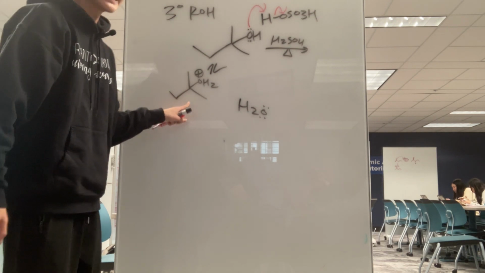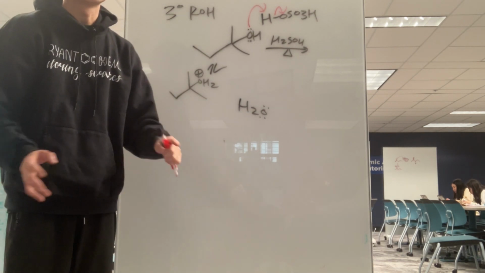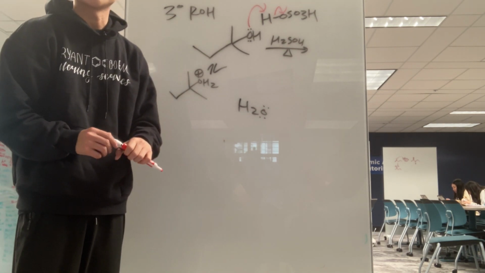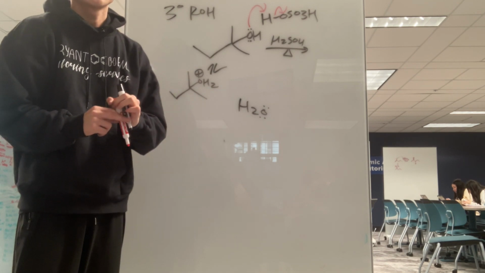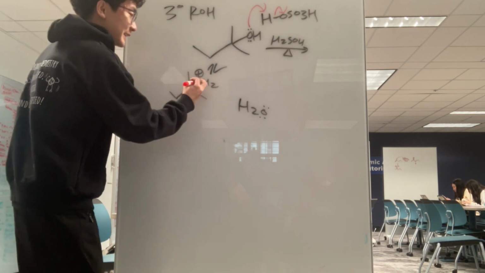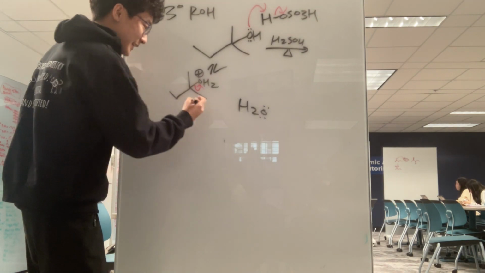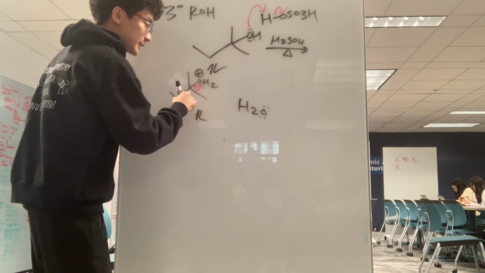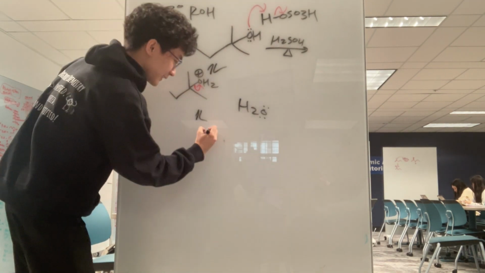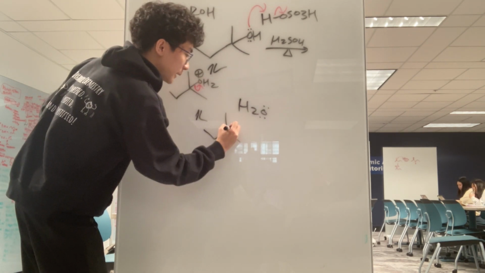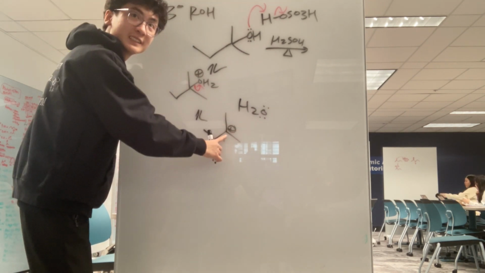Now think of this as an SN1/E1 type mechanism. What is the very first step of an SN1/E1 type mechanism? The leaving group detaches, it just leaves by itself. When that happens, what happens to the charge of this carbon here? It becomes positively charged, which is a carbocation intermediate.